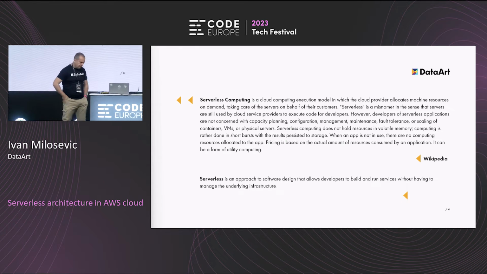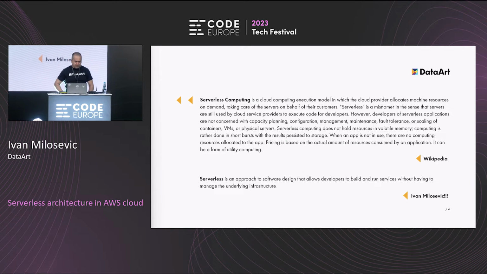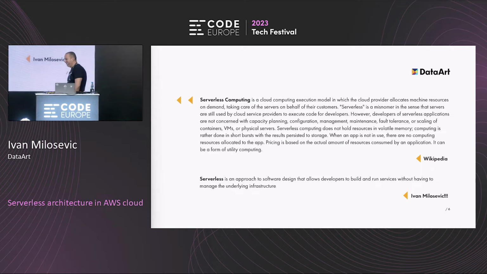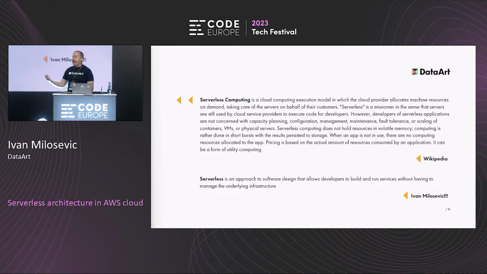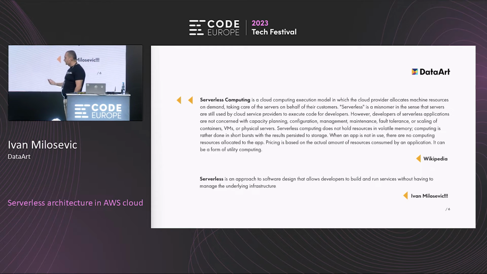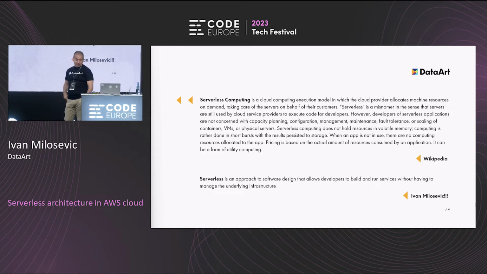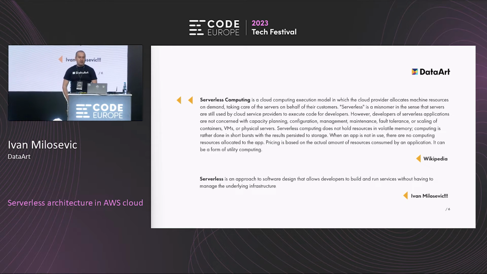Anyone? Yeah, that would be me. Of course, it's not me, but I like a simple approach. So if you ask me about serverless, even in a smaller sentence than this one, I would say serverless is focus on code, not on the runtime.